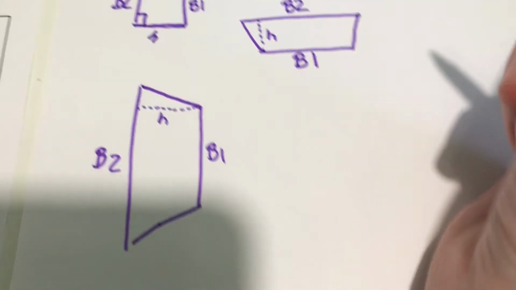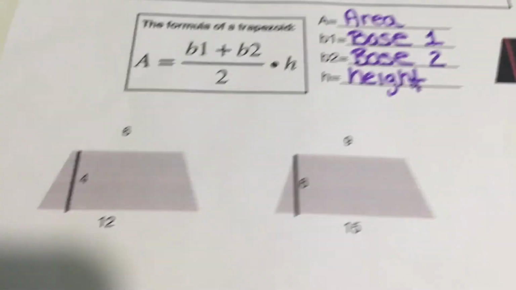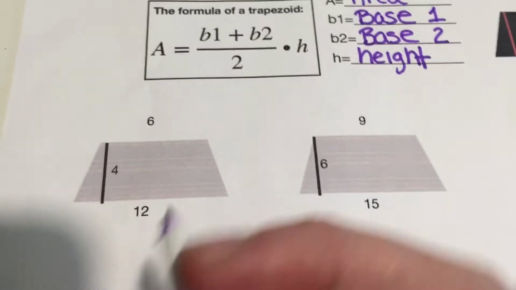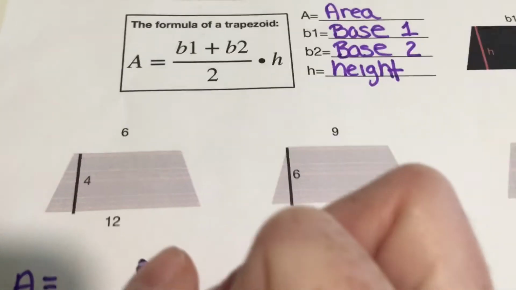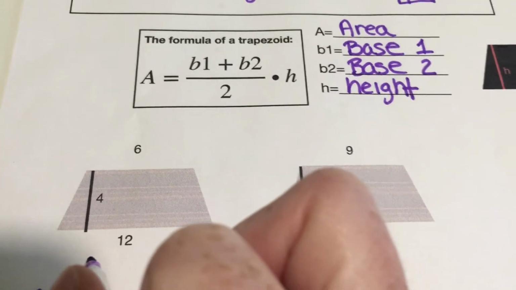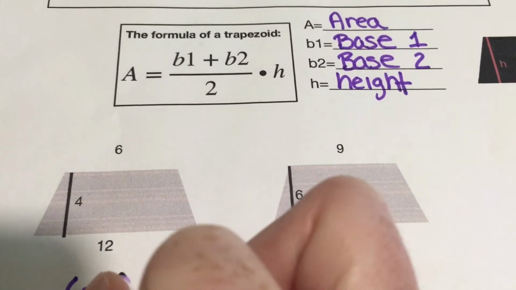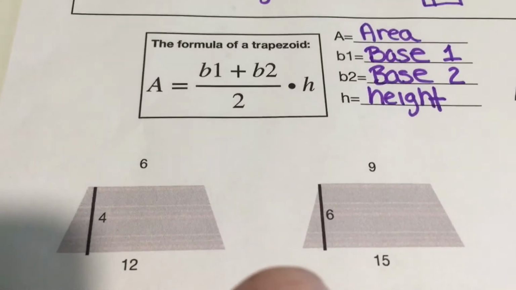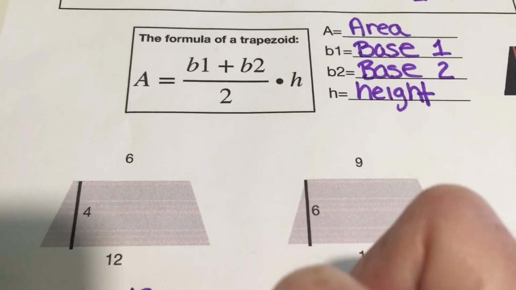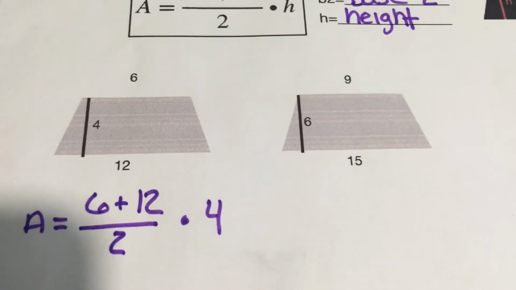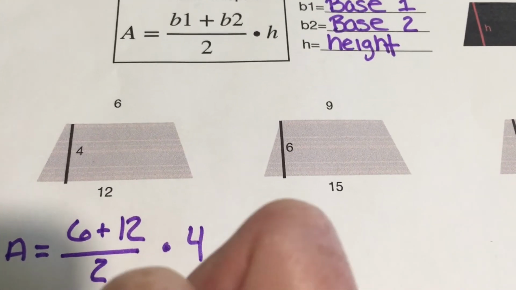All right, so let's do some equations now. So let's start with this first one. So we're going to plug it into our formula here. So we know that area is equal to base 1, which is 6, plus base 2, which is 12, over 2, times the height, which is 4. So first we know that 6 plus 12 is 18.